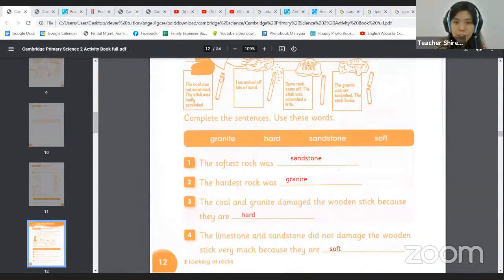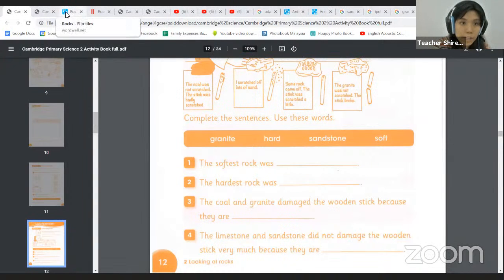Done? Okay, so today your homework is activity book, page 12. All right? Okay, done already? I'll clear it, all right? Okay, done.